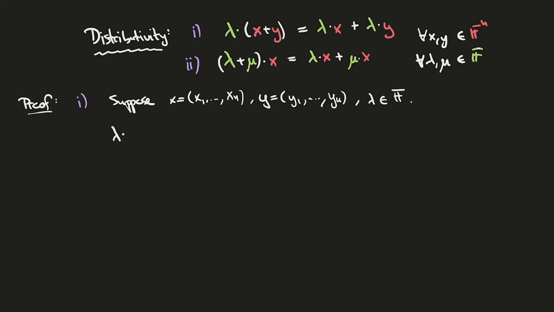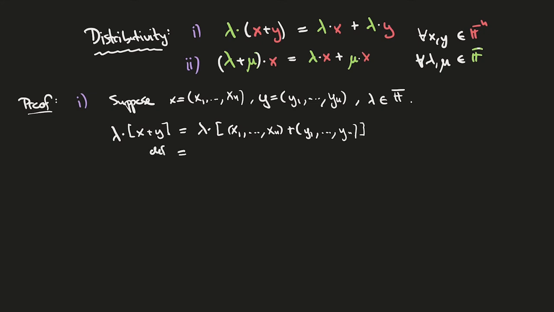Then, by the above, lambda times (x plus y) is equal to lambda times (x1 up through xn plus y1 up through yn).